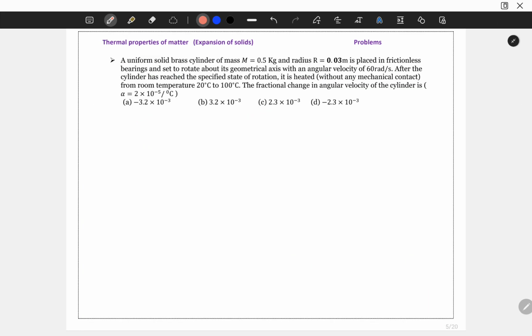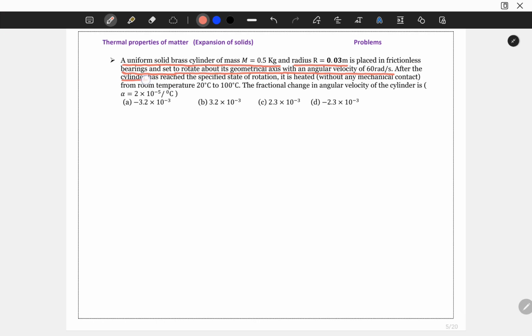Now the next question. In this question, a uniform solid brass cylinder of mass m equal to 0.5 kg and radius 0.03 meters is placed in frictionless bearings and set to rotate about its geometrical axis with angular velocity 60 radian per second.